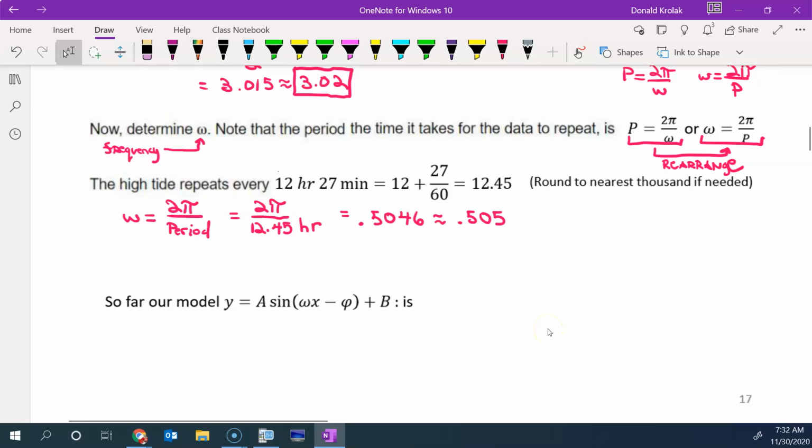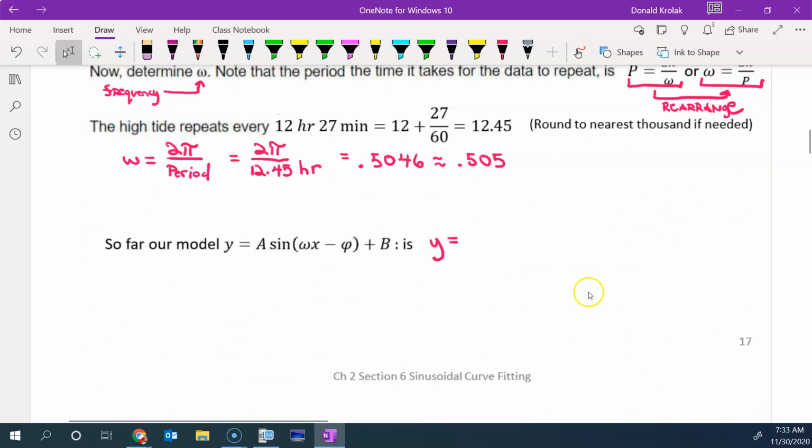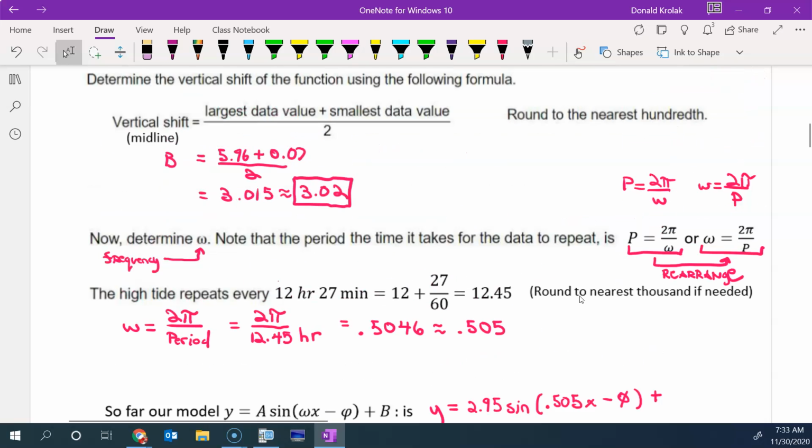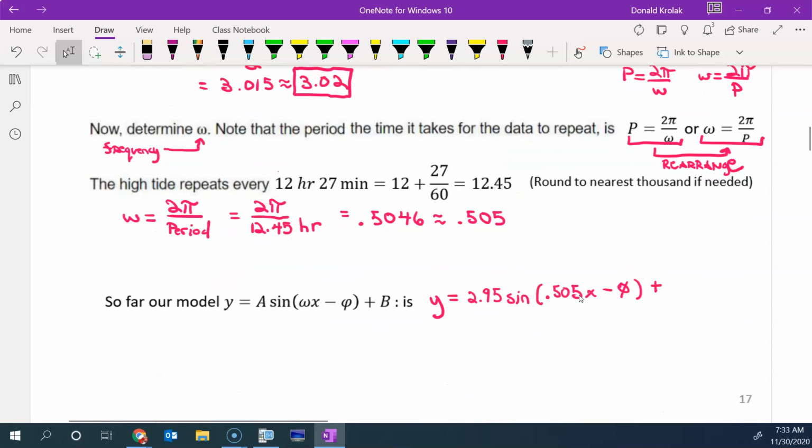All right, so far here's what our model looks like. Y equals, let's see, A was 2.95, sine, okay, omega was 0.505, minus B, plus B, which was 3.02.